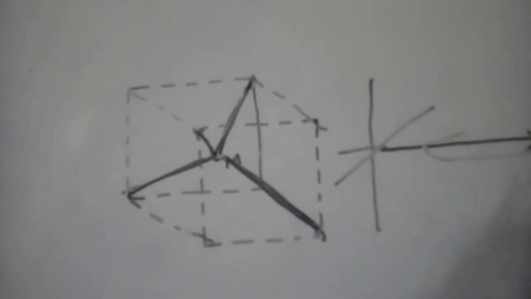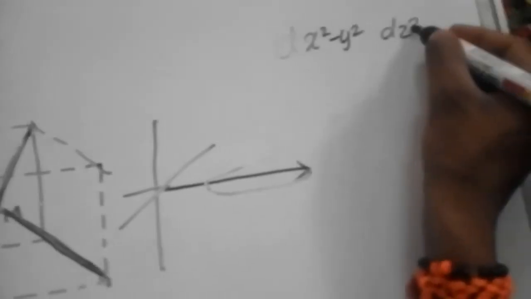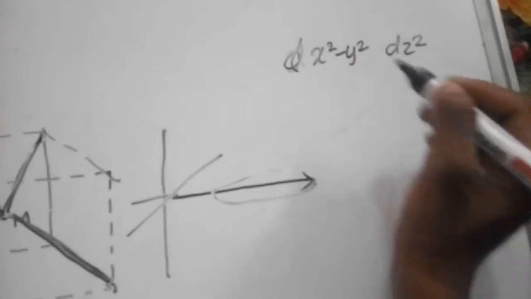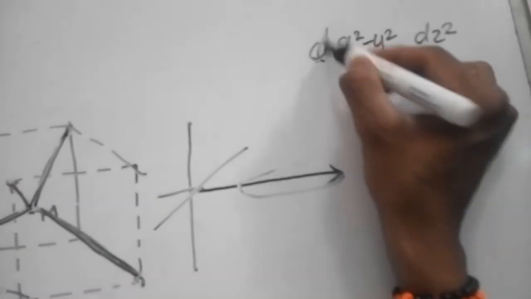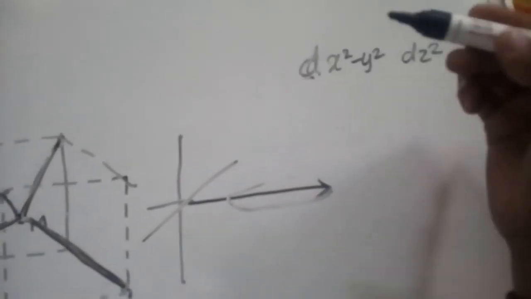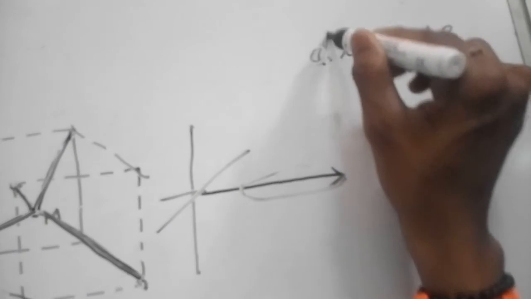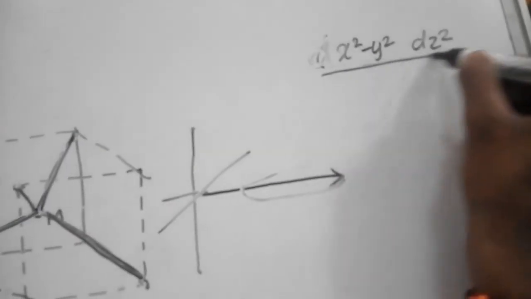We know that dx square minus y square and dz square orbitals are present on the axis. Therefore, as the ligands don't approach along the axis, they will have less interaction with these; they will not overlap as in octahedral complexes with dx square minus y square and dz square orbitals.